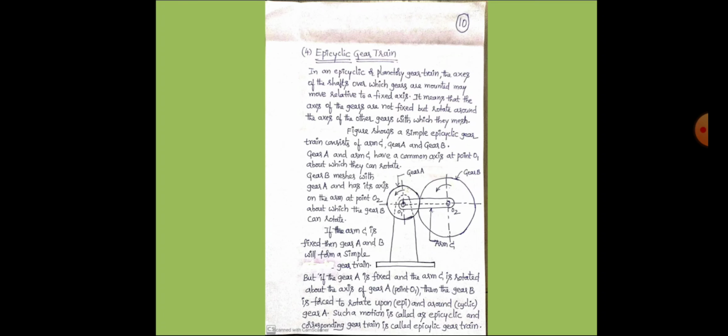In epicyclic gear train, the axis of the shafts over which the gears are mounted may move relative to a fixed axis. Means with respect to the fixed axis, the shafts over which the gears are mounted will move. It means that the axis of the gears are not fixed but rotate around the axis of the other gears with which they mesh.